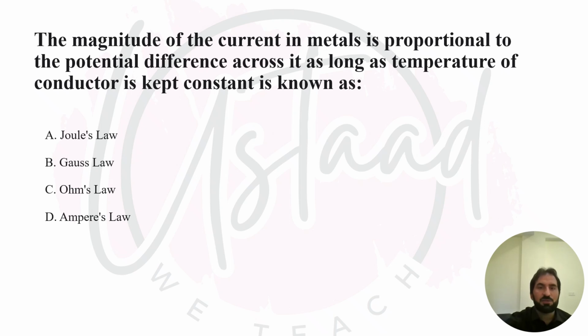Next MCQ. The magnitude of current in metals is proportional to the potential difference across it, as long as the temperature of the conductor is kept constant, is known as: Joule's law, Gauss law, Ohm's law, or Ampere law. So this is the definition or statement of Ohm's law of electrodynamics.